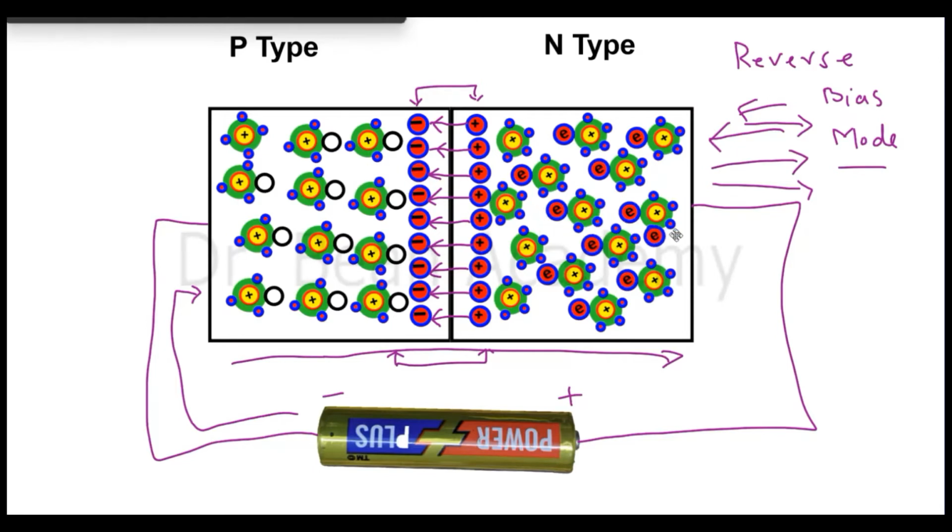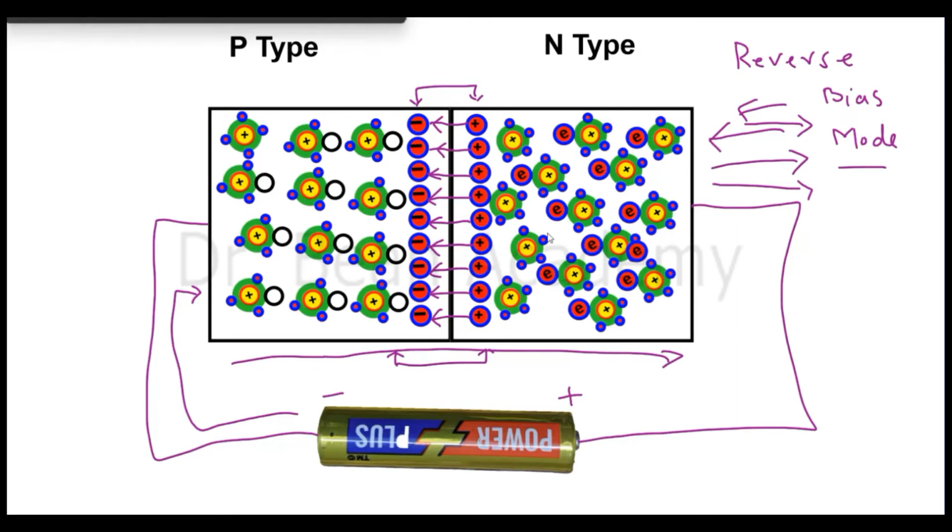And because of these leftover electrons on the p side, it is not only one electron, there might be some other electrons present, you may see some little current flowing, but that current is not due to the majority charge carriers.